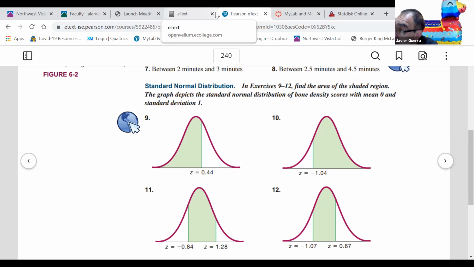So I'm going to do greater than negative 1.04. See, the shading is occurring to the right.